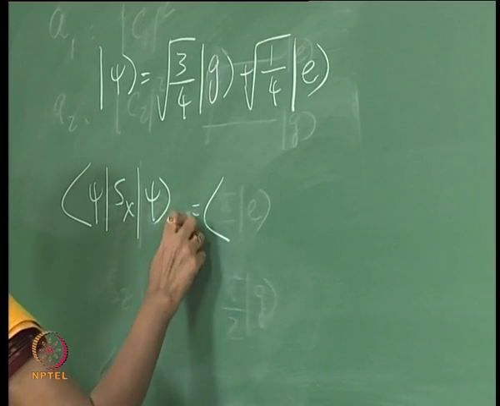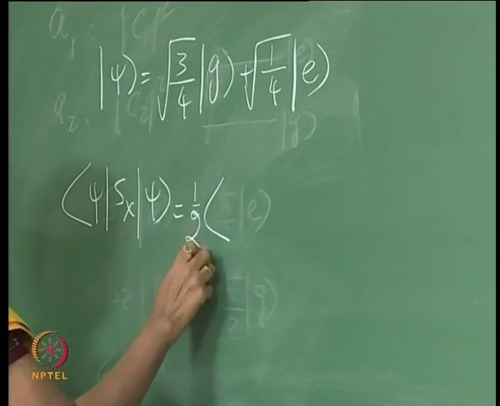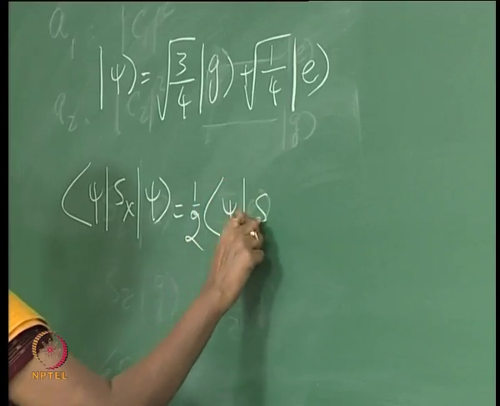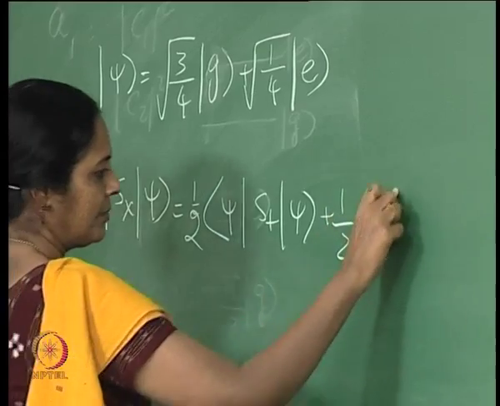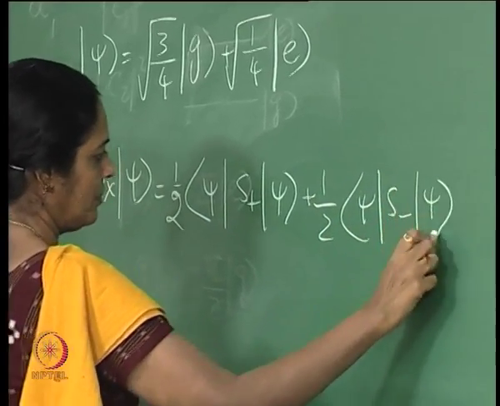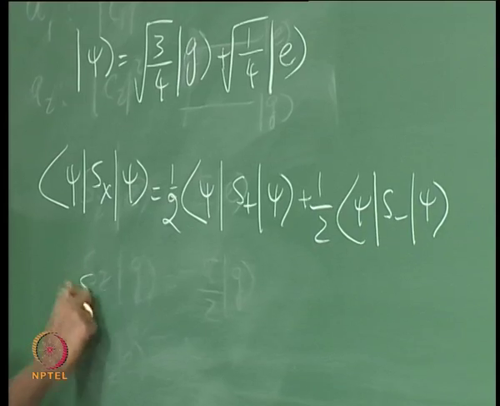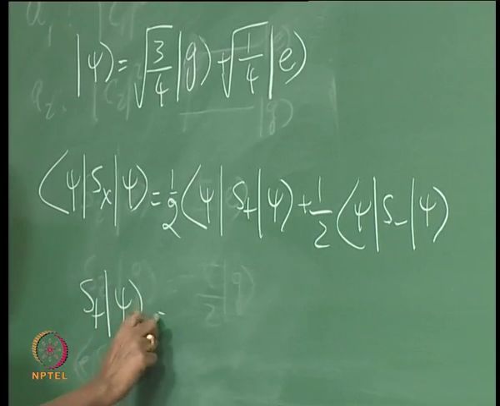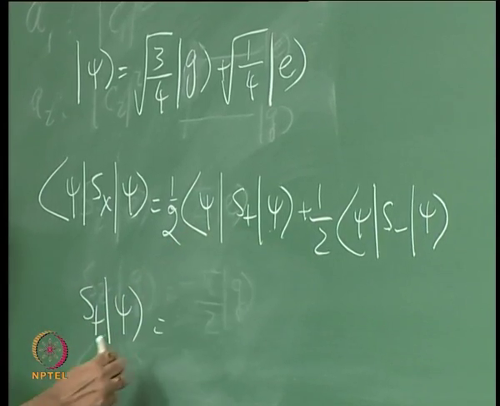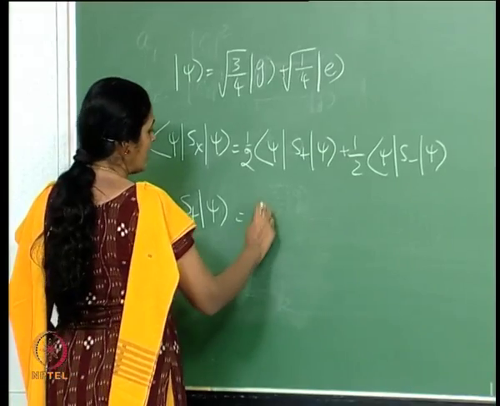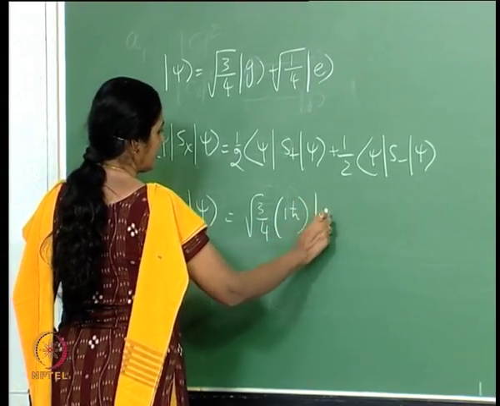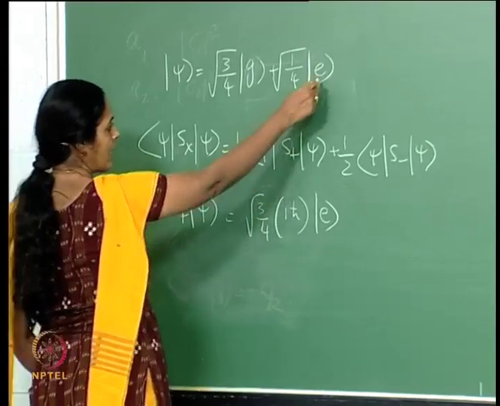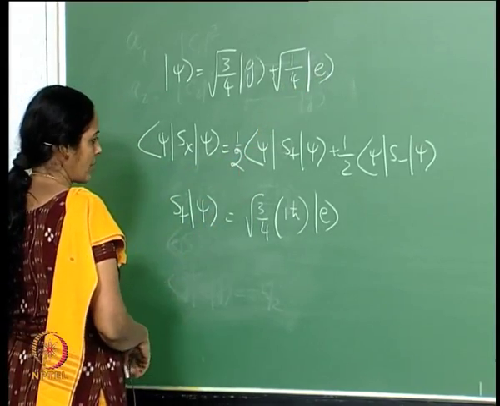So that amounts to finding out this object. S plus acting on psi to begin with: when S plus acts on ket G, it gives me ket E with coefficient 1 h cross, and when S plus acts on ket E, it simply destroys the state.